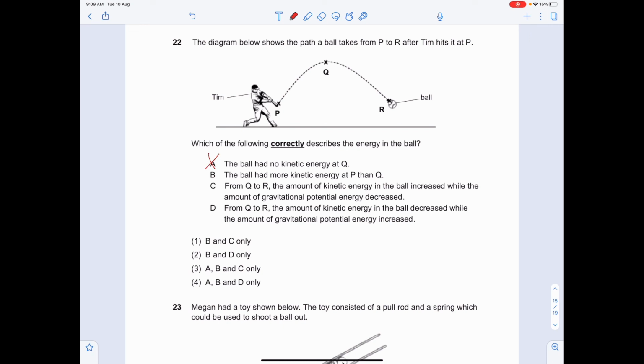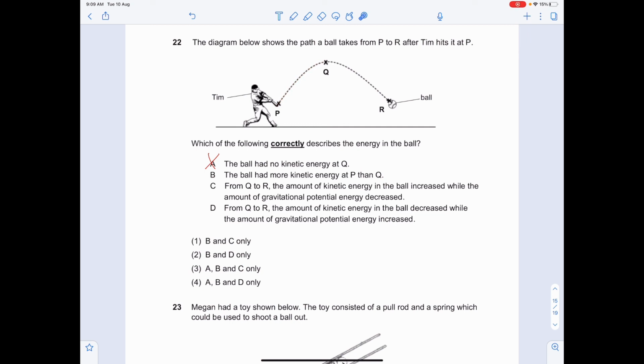B, the ball had more kinetic energy at P than at Q. Definitely, because at Q most of the kinetic energy will have been converted to gravitational potential energy. So right at the start there is more, because KE is being changed to GPE.